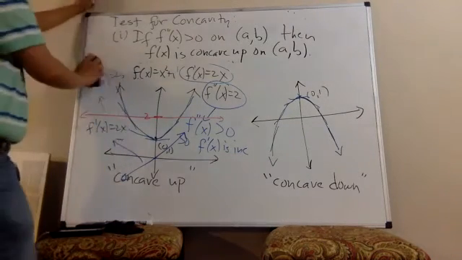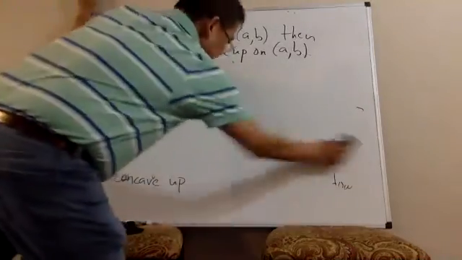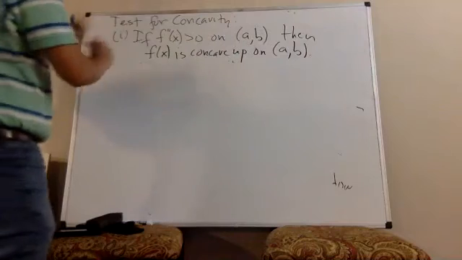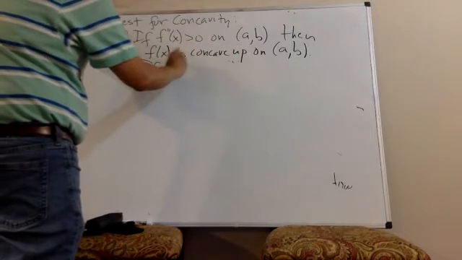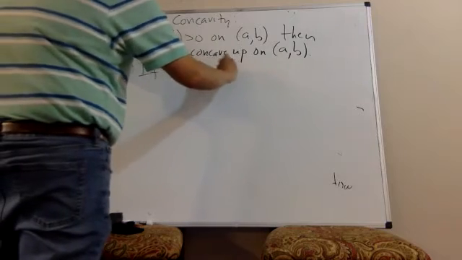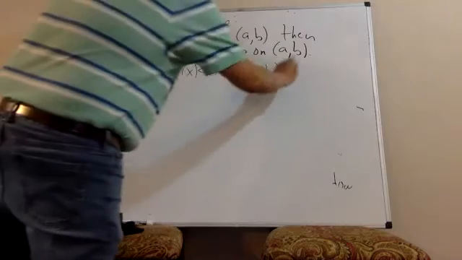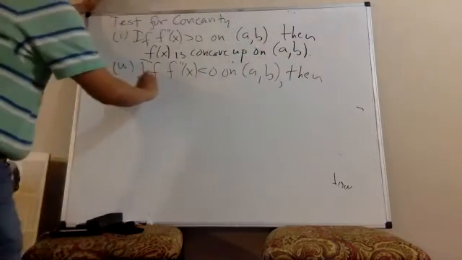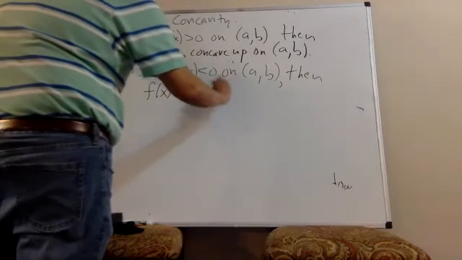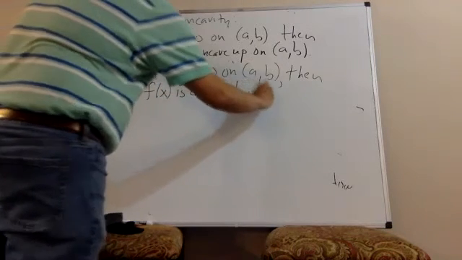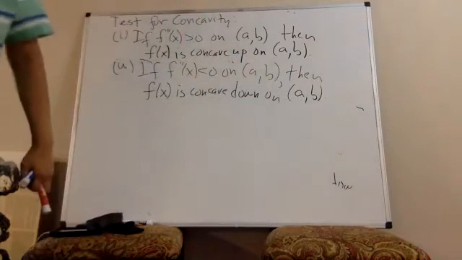In a similar fashion, when we now look at when the second derivative of a function is negative on an interval a to b, then we say that the function f of x is concave down on the interval from a to b.